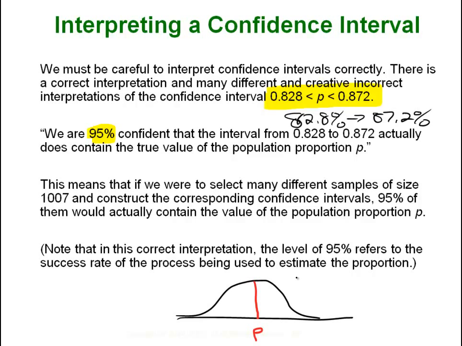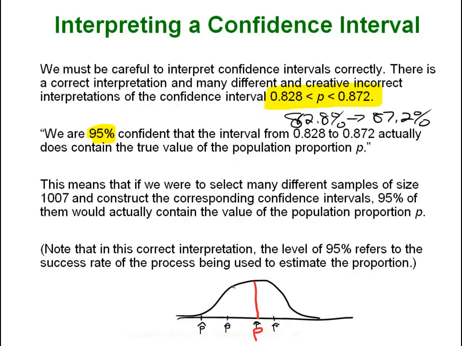Every time we pick a sample at random, we're going to get different p hats, right? We could get a p hat over here, we could get a p hat over here, we could get a p hat way down over here, we could luck out and get a p hat right near it. We could get all these different p hats.